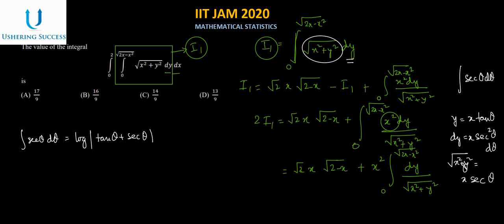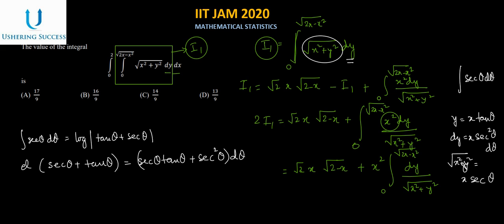And how do we get this? We get this by doing this. Sec theta plus tan theta, if I differentiate this, d of sec theta plus tan theta will become sec theta tan theta plus sec square theta into d theta, or sec theta into tan theta plus sec theta d theta.